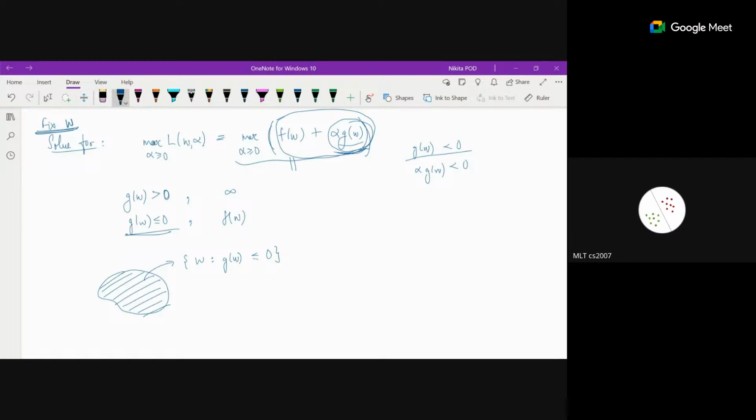Any W that belongs in this region, the maximum value is f of W. If I take this W, the maximum is f of W, and so on.